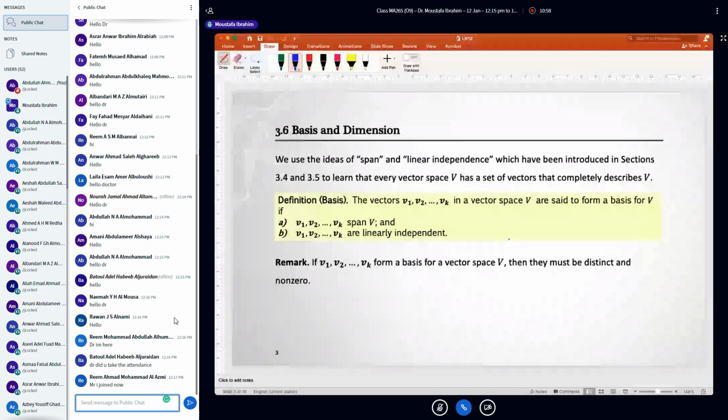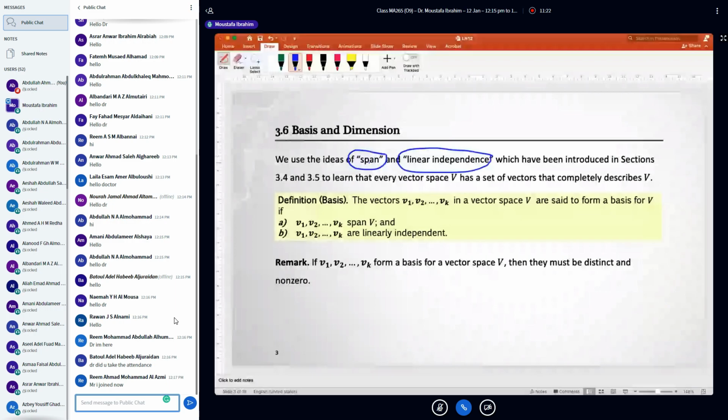So before we have seen the idea of spanning set and linear independence. And what we have seen about span means if we have a set of vectors which is spanning a vector space, any vector in this vector space we can write as a linear combination of the vectors of this set.